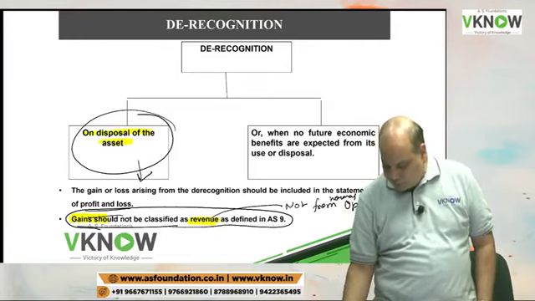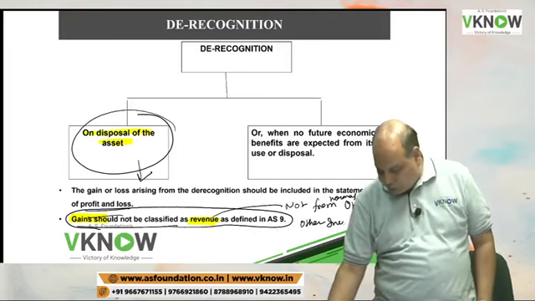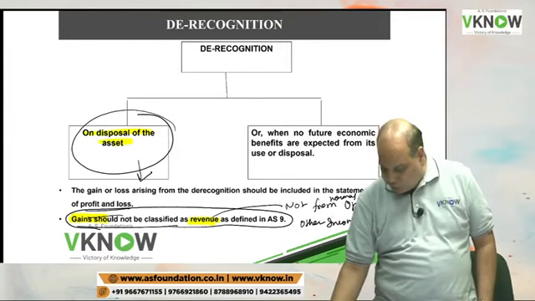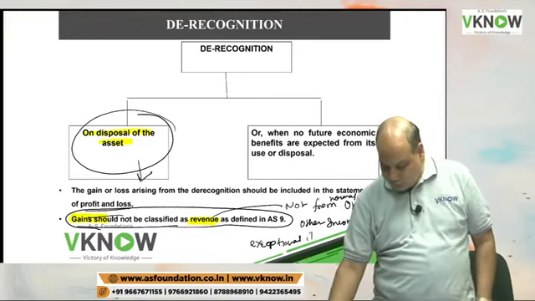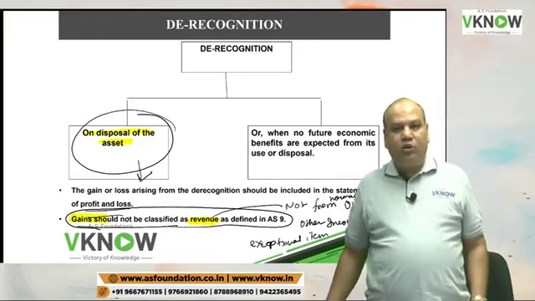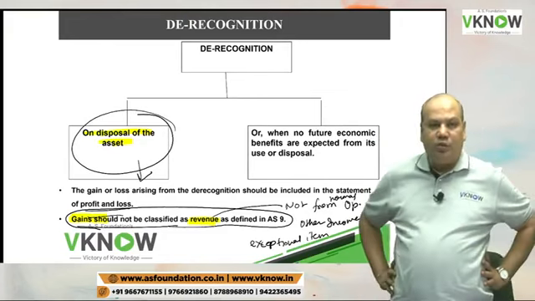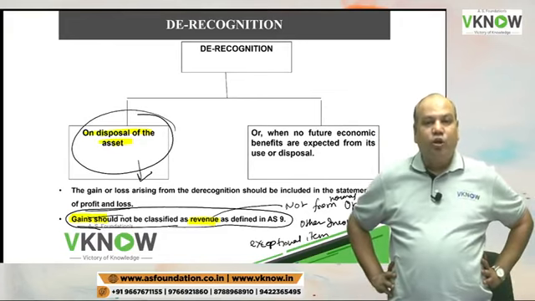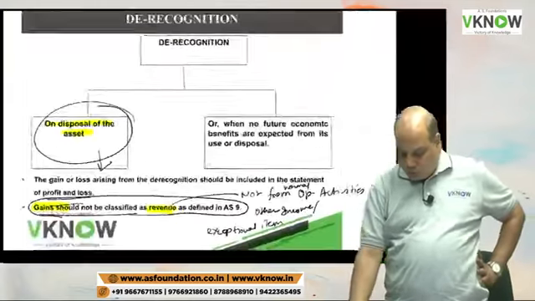So this gain will be shown in other income, not in revenue, or you may show it in exceptional item. Gain or loss on sale of PPE you can put in exceptional item or other income, but not in revenue from operations because it is not revenue from ordinary activities.